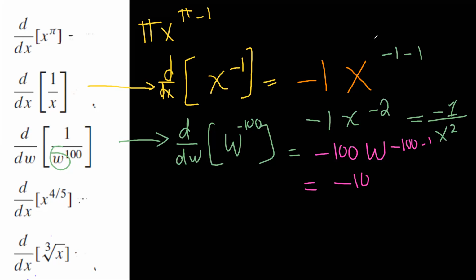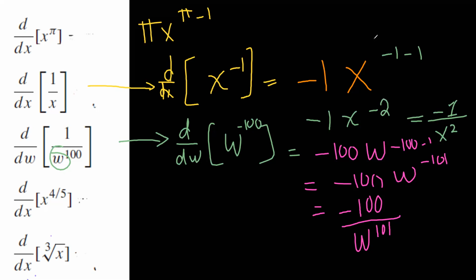So it will be negative 100 w raised to the power negative 101. How can you rewrite it now, Dareen? It will be negative 100 over w to the power of 101. Thank you so much, Dareen. This is the answer of d over dw for 1 over w raised to the power 100. Is it clear?